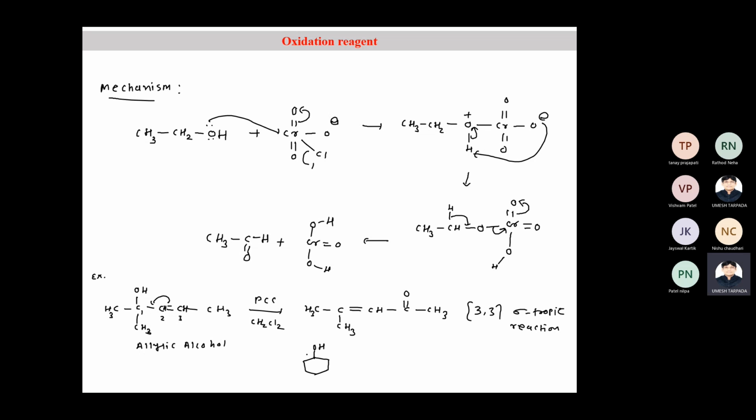Suppose you have an OH group over here and this is an allylic double bond. Then if you use PCC in CH2Cl2, what happens? Here this is converted to ketone and the double bond comes to here. Okay, so this is converted to ketone and the double bond gets migrated.